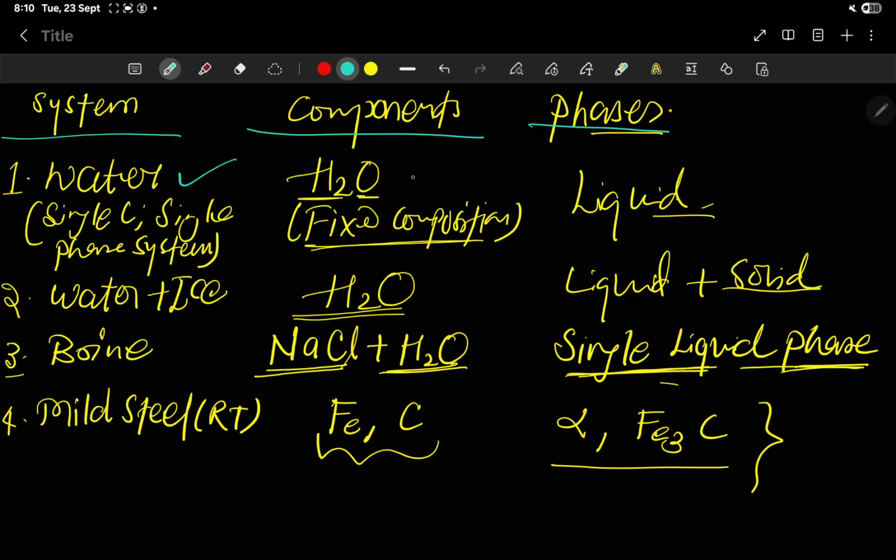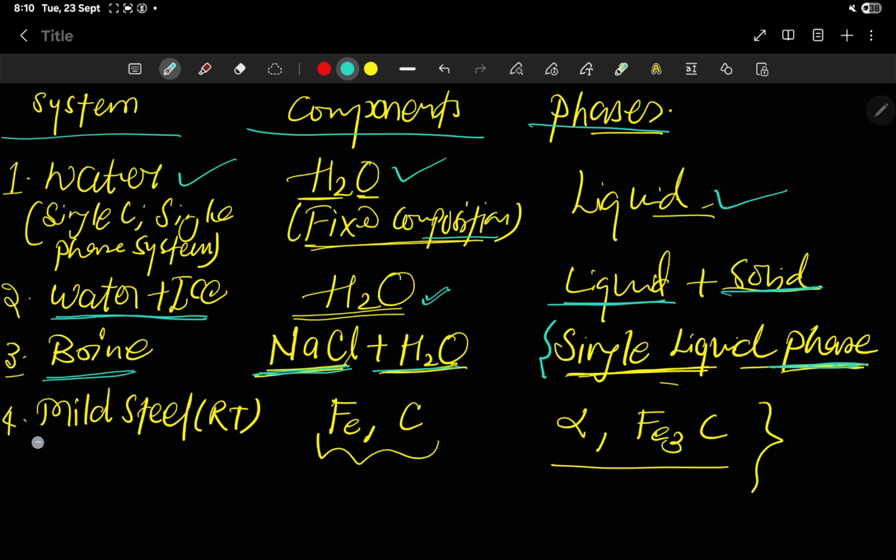In water we have a single H2O fixed composition component, and its phase is liquid. In water plus ice, the component is H2O, and the phases are liquid plus solid. In brine, the components are NaCl and H2O, and this will be a single liquid phase.